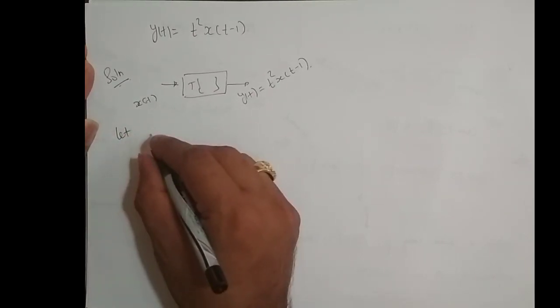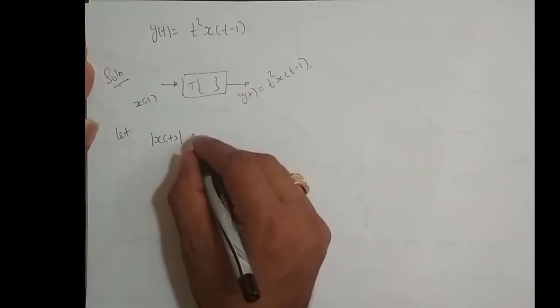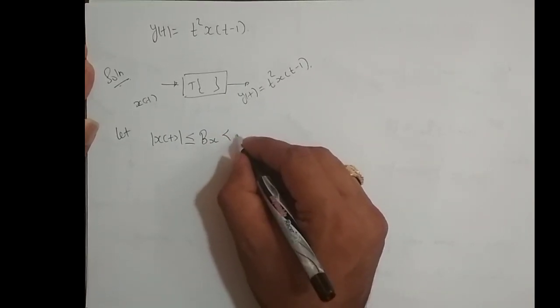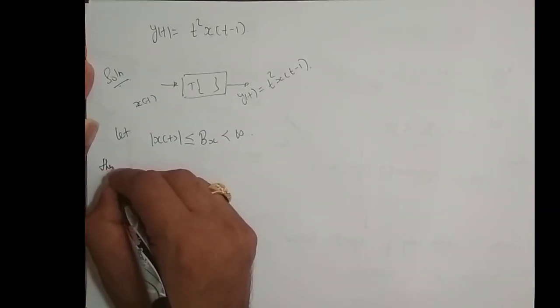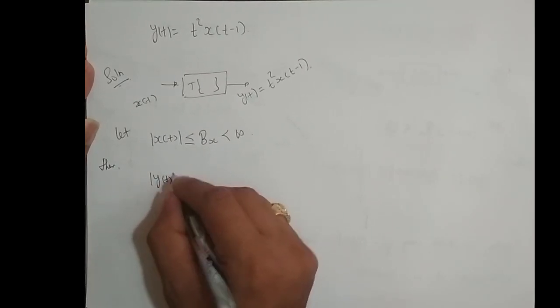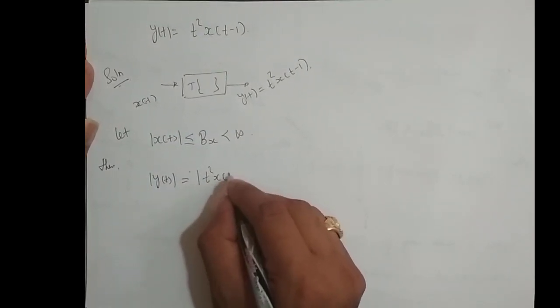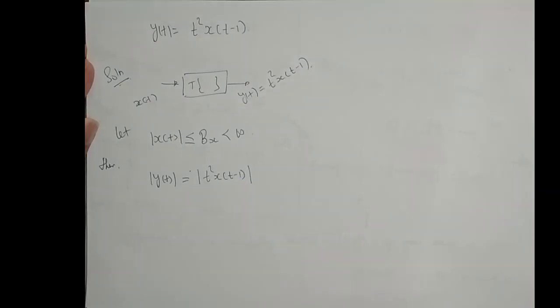Okay, so let magnitude of x of t is less than or equal to some bounded value bx, which is less than infinity. So then magnitude of y of t is equal to magnitude of t square into x of t minus 1. Okay, now you have to tell me whether it is bounded or what.